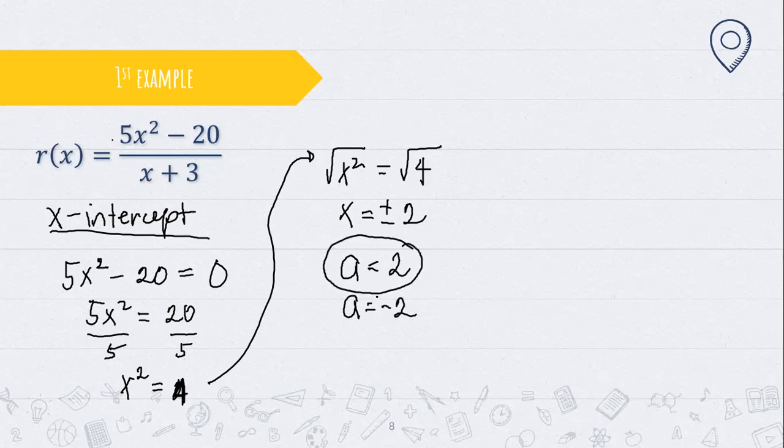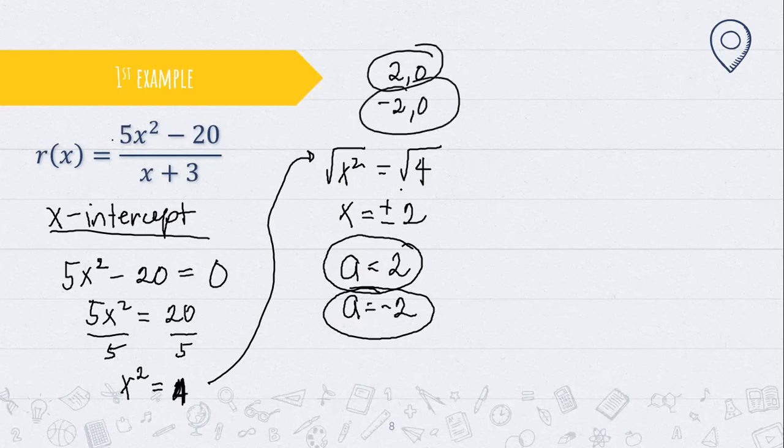So, these are the x-intercepts. Anong ibig sabihin yan? Kapag ang x natin ay 2 or negative 2, doon tatama yung graph. Or, ibig sabihin, ang plot natin for this is 2, 0 and negative 2, 0.